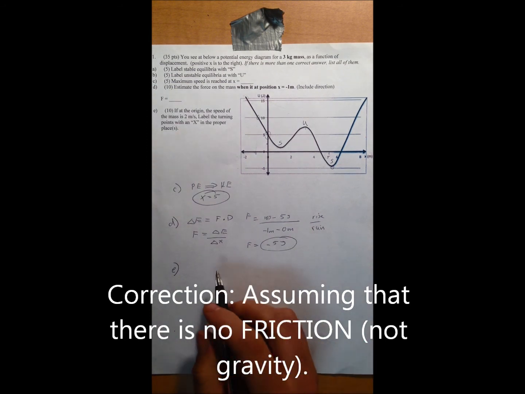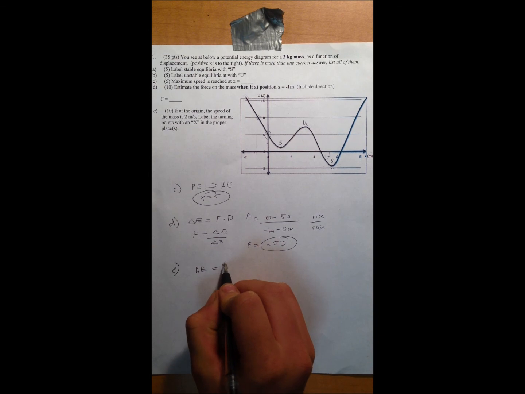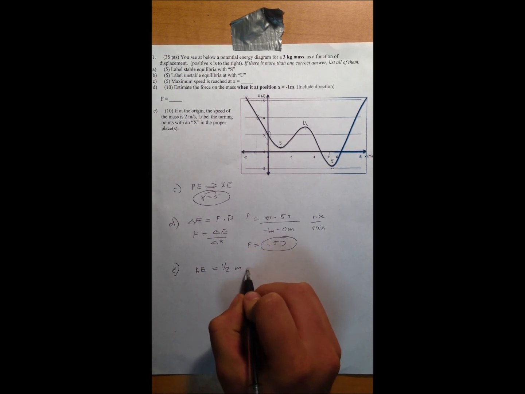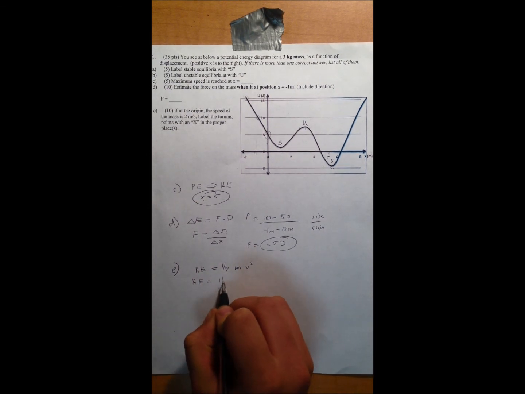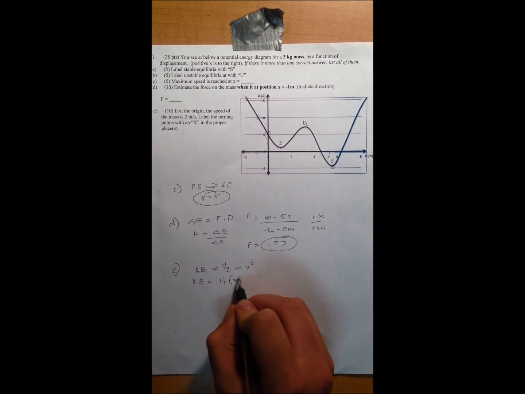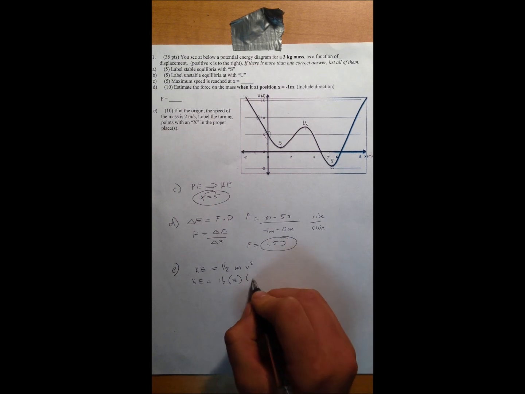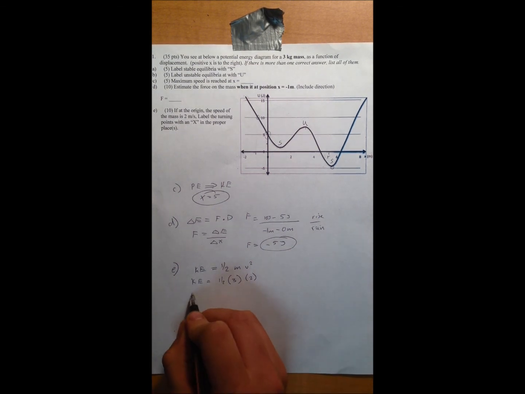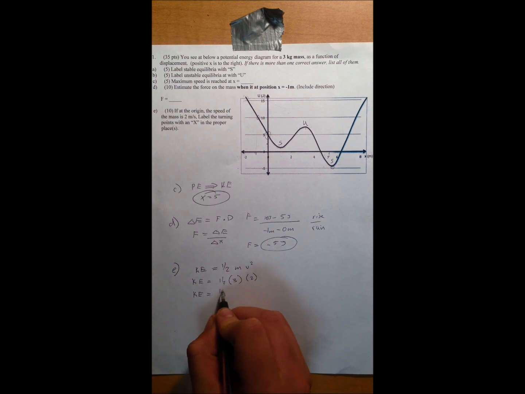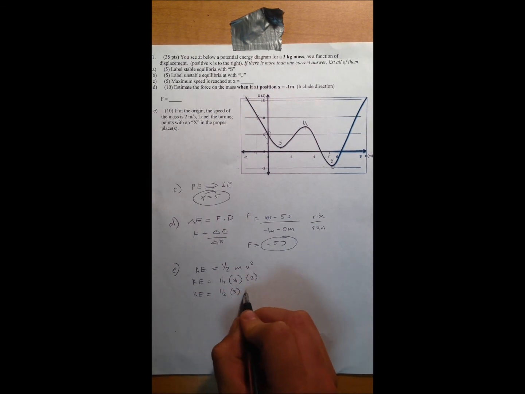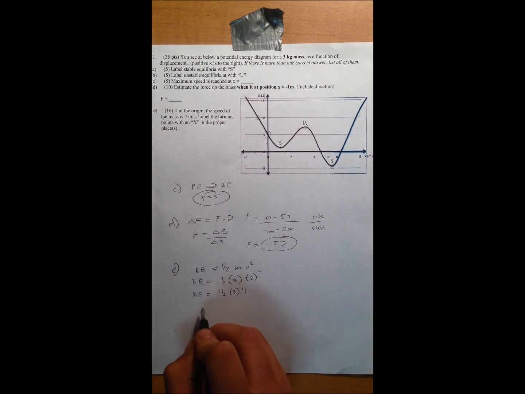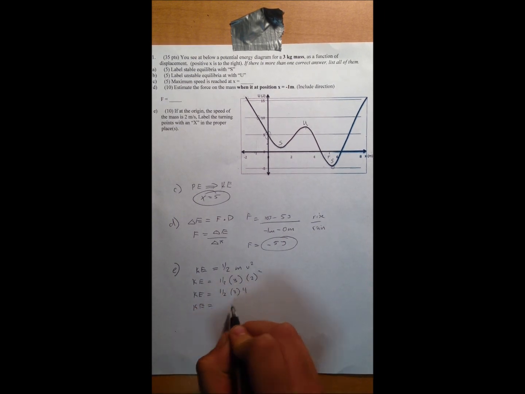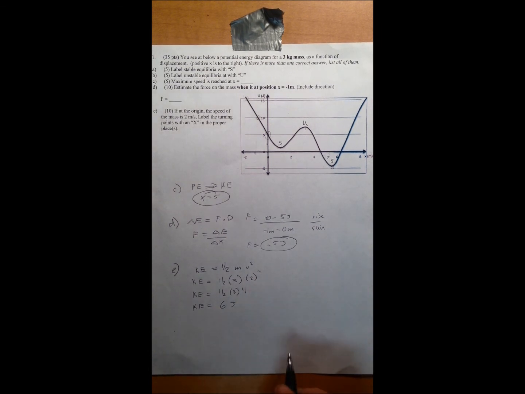So to find the turning point, we can use kinetic energy equals half mass times velocity squared. So our kinetic energy equals 1/2 times the mass of 3 kilograms times the velocity of 2 squared. So kinetic energy equals 1/2 times 3 times 4, which gives a kinetic energy of 6 joules.